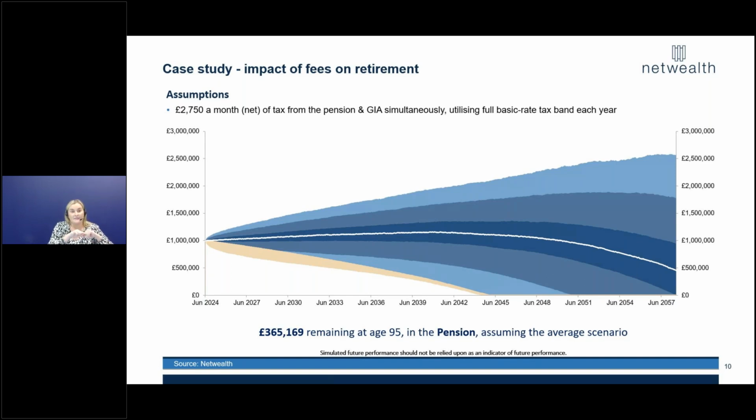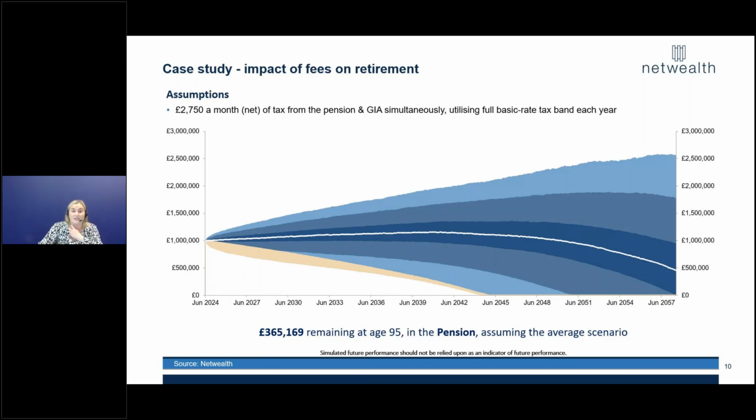And you can see here from this projection, with inflation applied, by the time the client reaches age 95, they've met their objective and achieved the desired income from their portfolios, and they actually have over £365,000 remaining at age 95, all in their pension if we assume the average scenario.